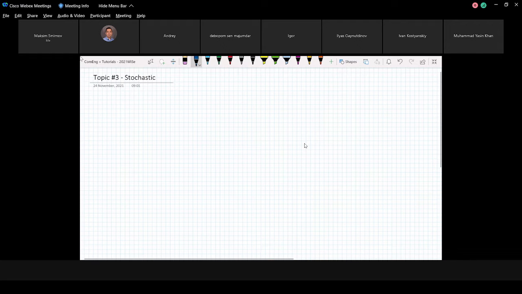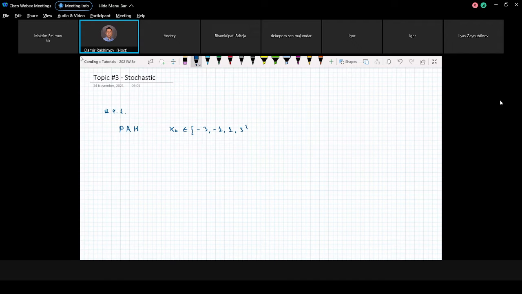this is the task for 4.1. For this modulation, we have x of n belonging to -1, 1, and we also say that adjacent symbols x of n are statistically independent.